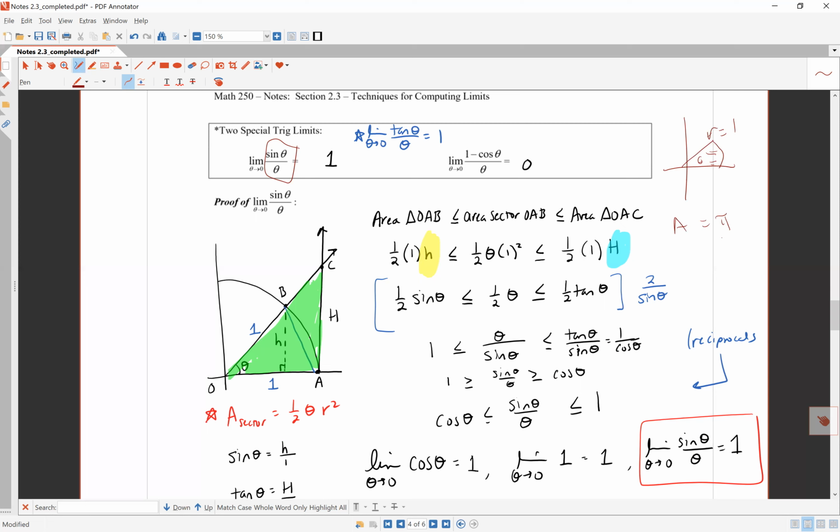It's theta radians, so it's theta over 2 pi. That's the portion of the circle that we have. So the area of that sector is theta over 2. If it was a general circle of radius r, it'd be theta r squared over 2. You don't have to know that, and you don't have to know the proof of this theorem.